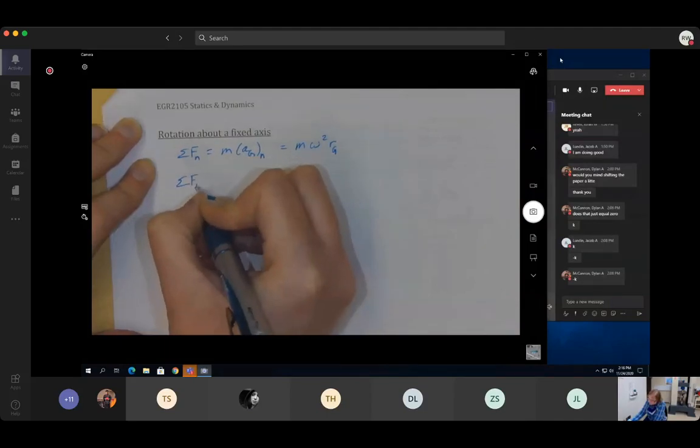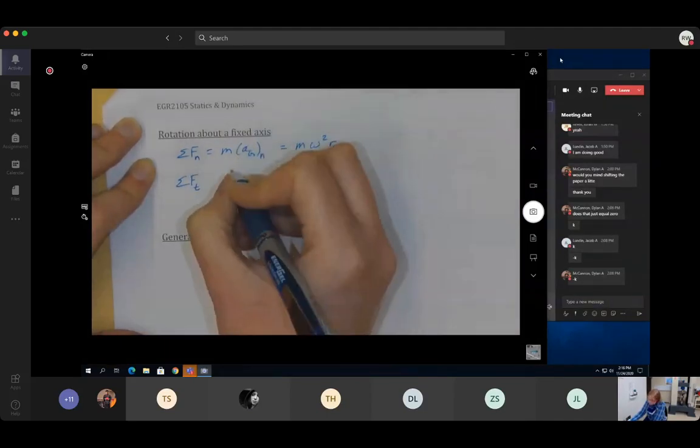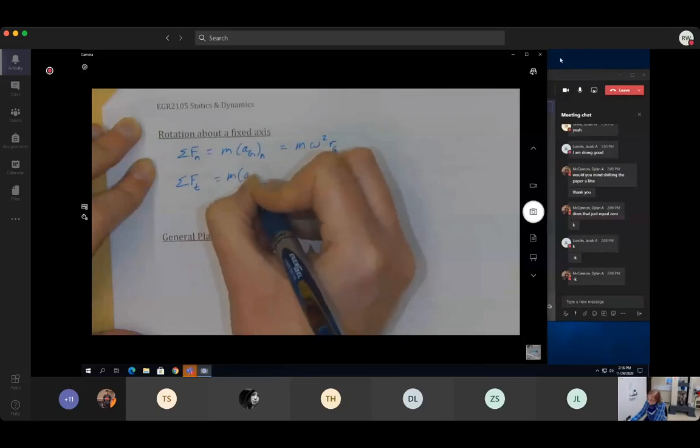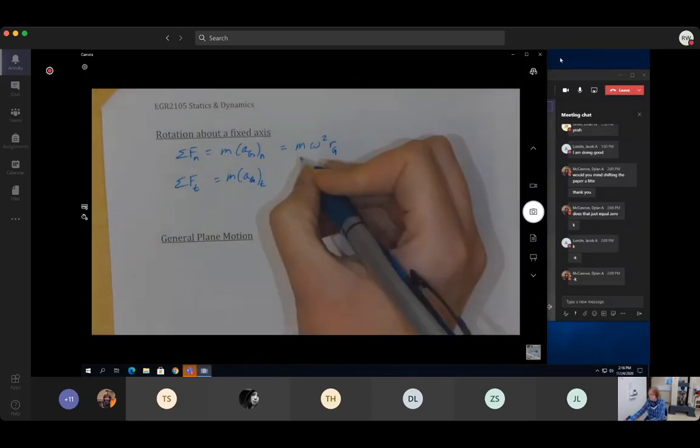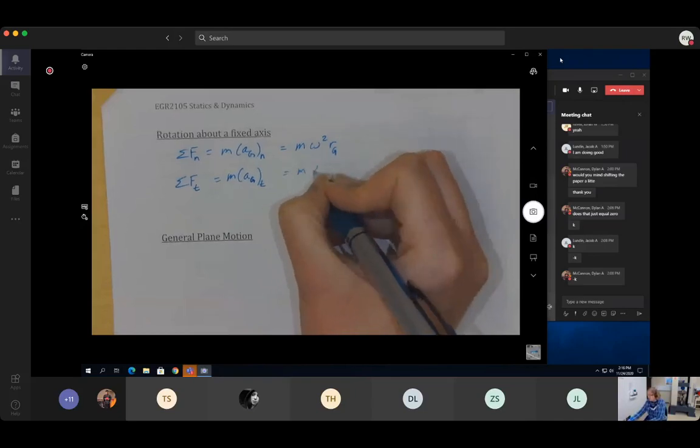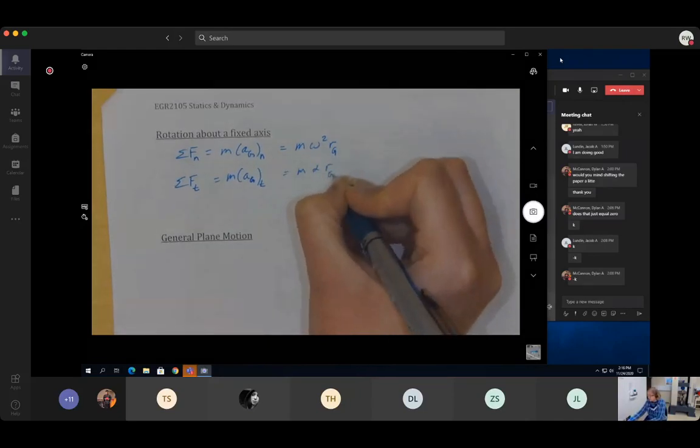If we sum in the tangential direction, we get mass times acceleration of the center of gravity in the tangential direction, or m alpha times r.